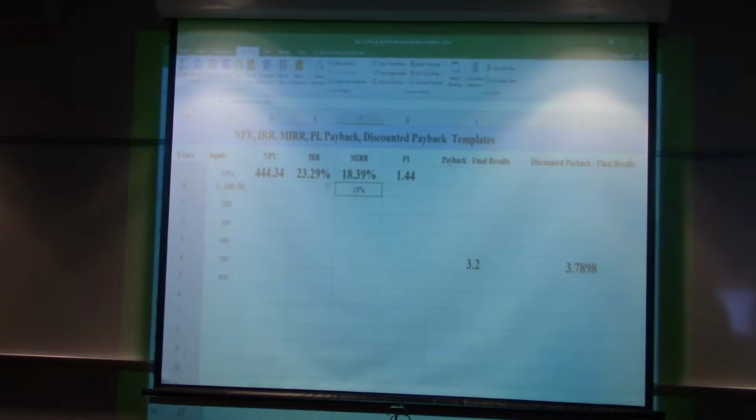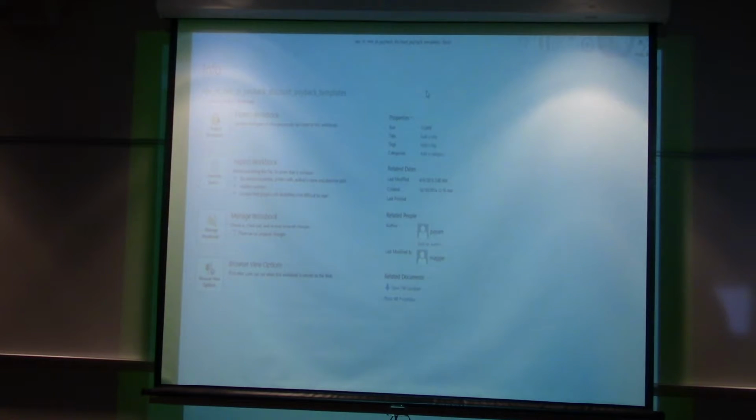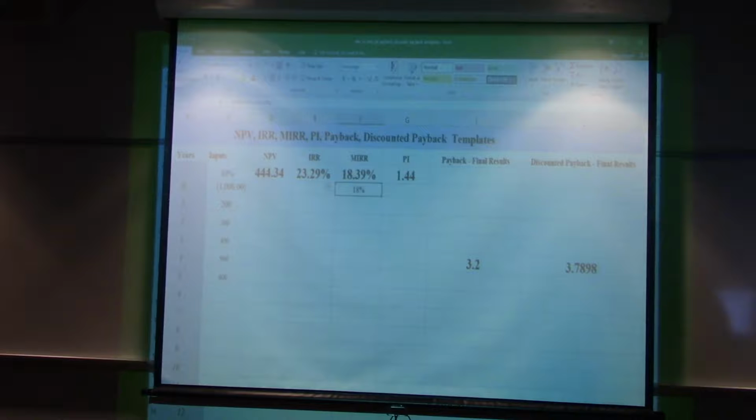So this is MIRR, and let's get the PI. Did you guys get PI?